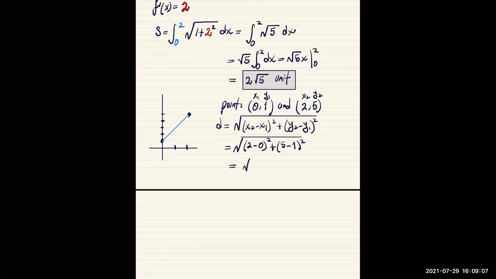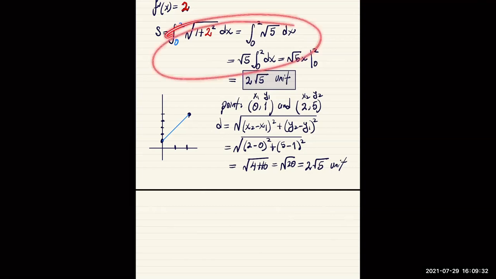Let me make sure I got that right. That's a 4, and then this is a 16. That's equal to root 20. And root 20 reduced is 2 root 5. There you go. So consistent. Which method is better? Obviously, this method, to me, is better.